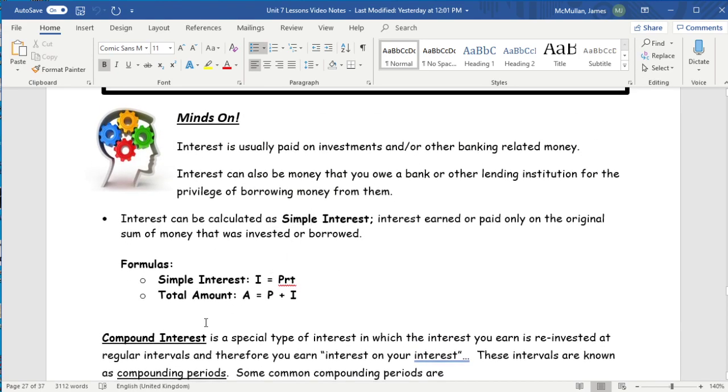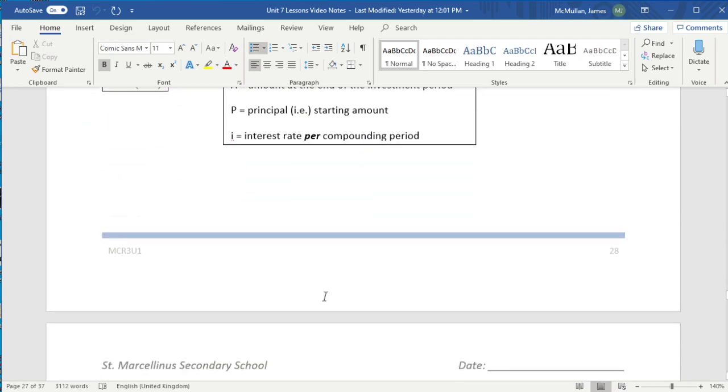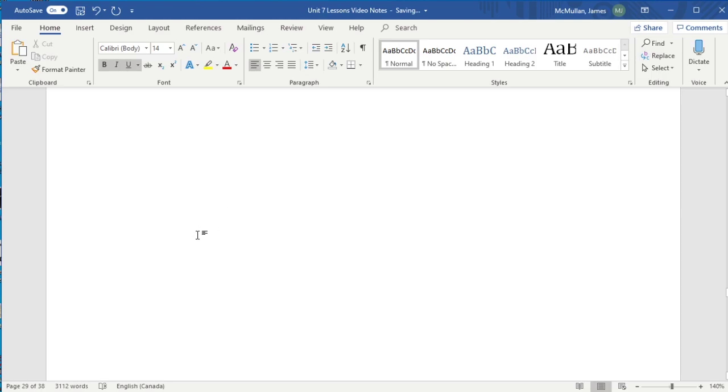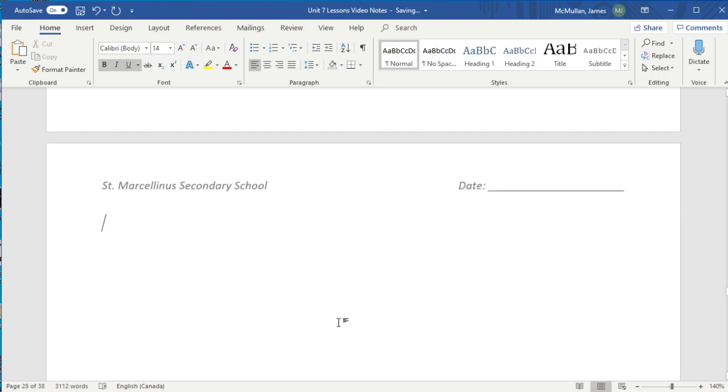Let's just start a new page here. I'm just going to open this up. You can take some of this down if you think it's important. Interest. Interest is the idea that money has a time value.